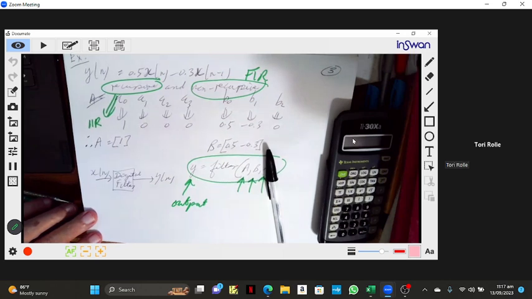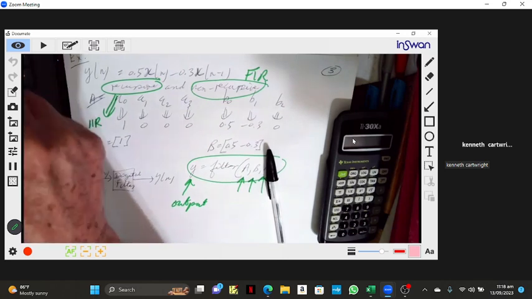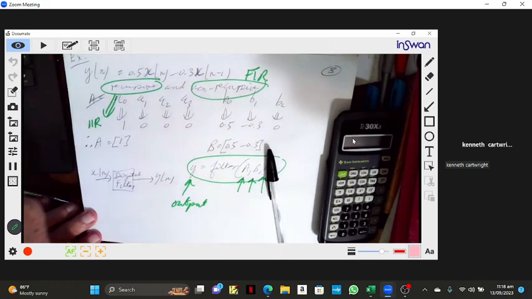Yes, sir. Does the output depend upon the previous y? Yes or no? No. I don't know why you hesitated. It clearly says y of n equals 0.5 times x of n minus 0.3 times x of n minus 1. Where's the y? There is no y. So it's non-recursive.